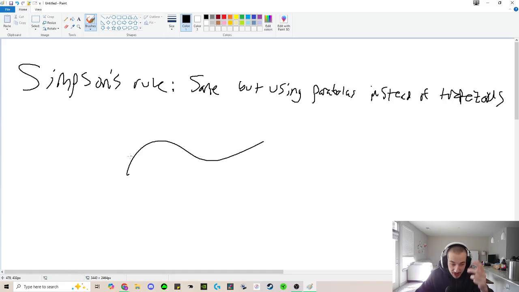Let's think about this for a second. In Riemann sums, we're taking one representative. In trapezoid rule, we're taking two representatives. In Simpson's rule, we're taking three representatives, the two endpoints and their midpoint. We're making this parabola.